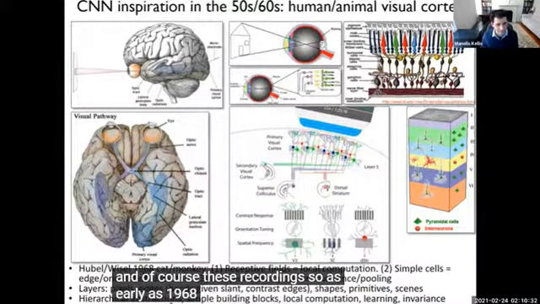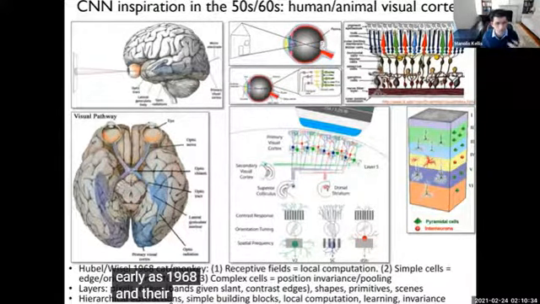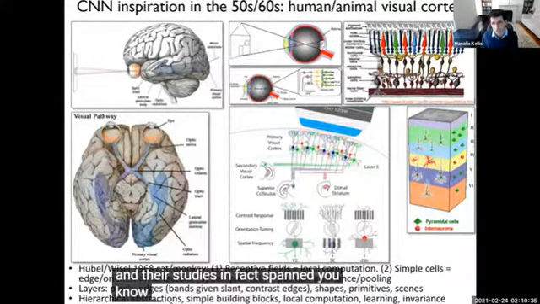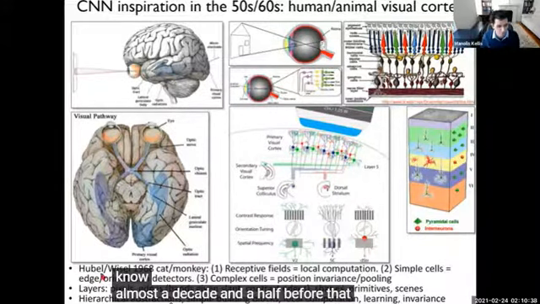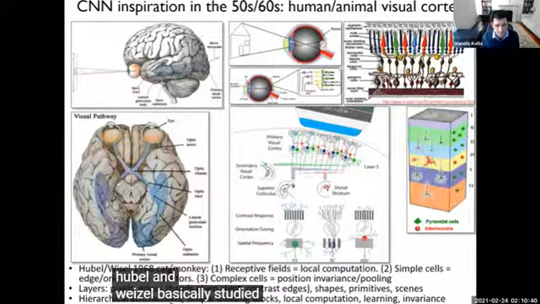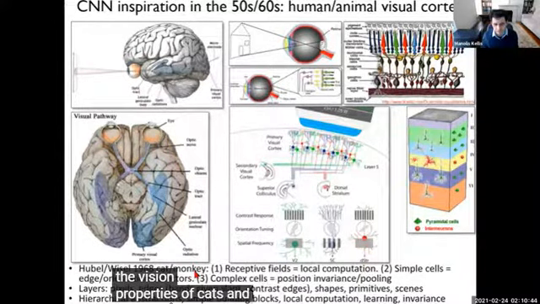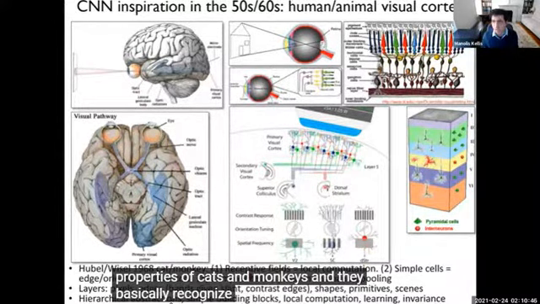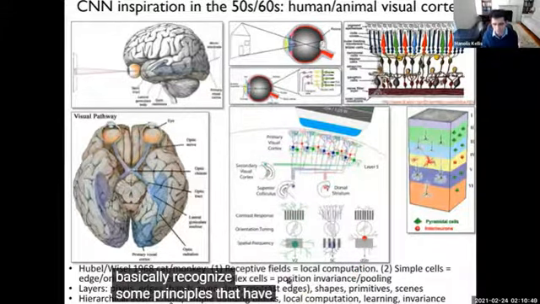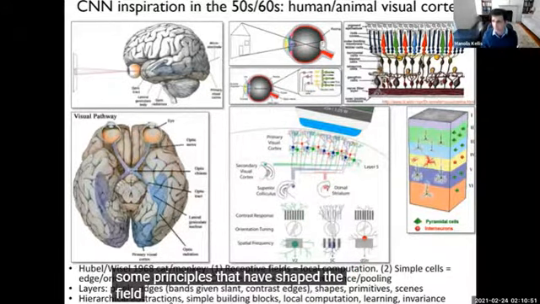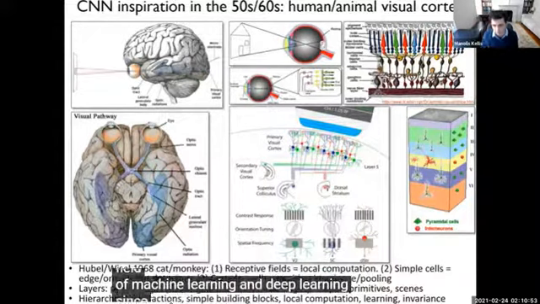So as early as 1968, and their studies in fact spanned almost a decade and a half before that, Hubel and Wiesel basically studied the brains and the vision properties of cats and monkeys. And they basically recognized some principles that have shaped the field of machine learning and deep learning since then.